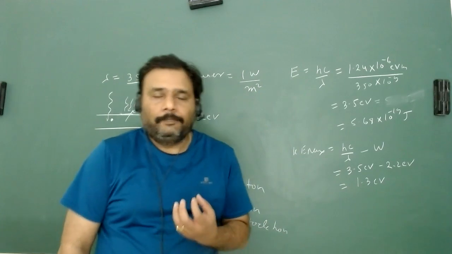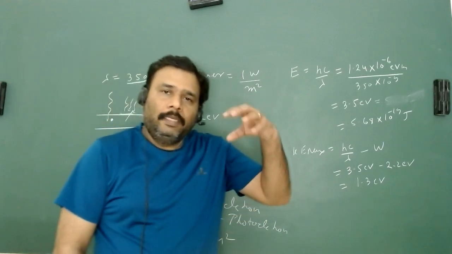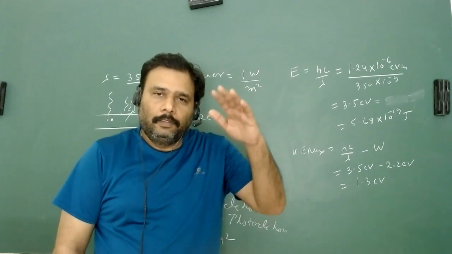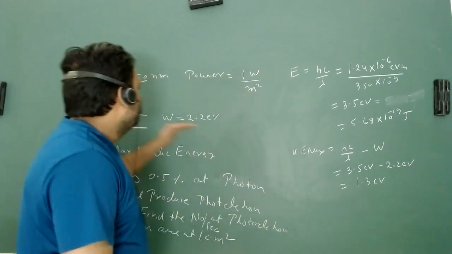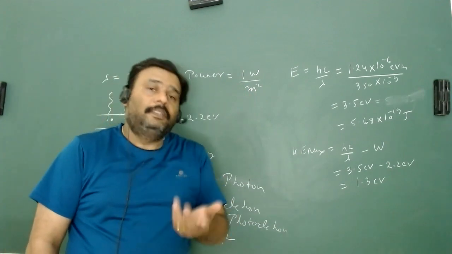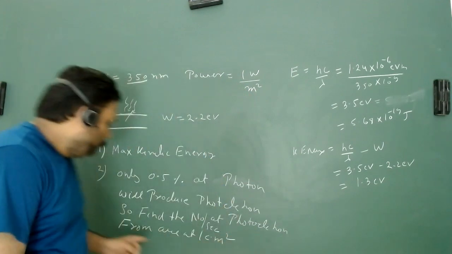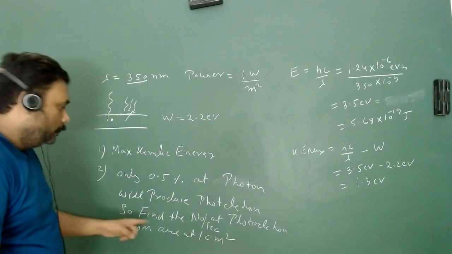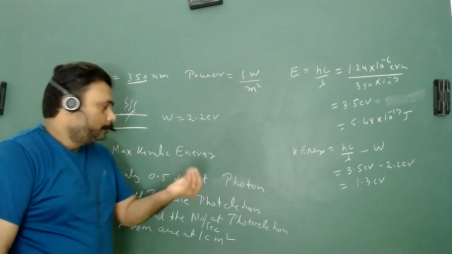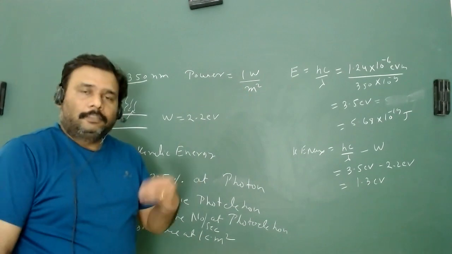So first we have to calculate how many photons will come onto this particular plate, and out of this number only 0.5% will produce photoelectrons.